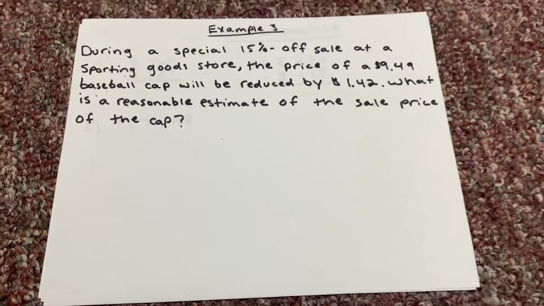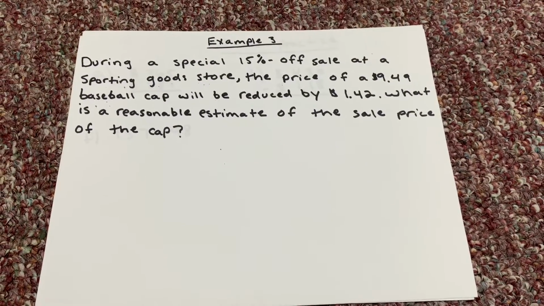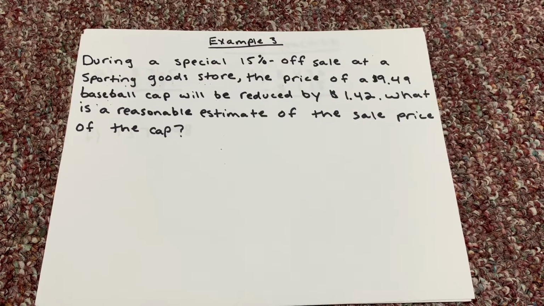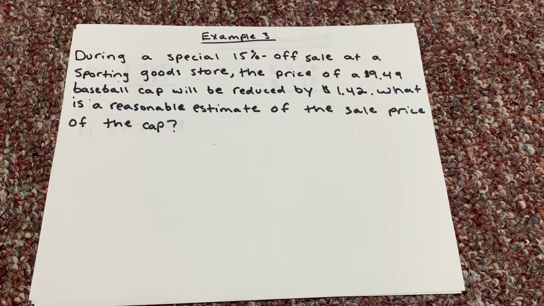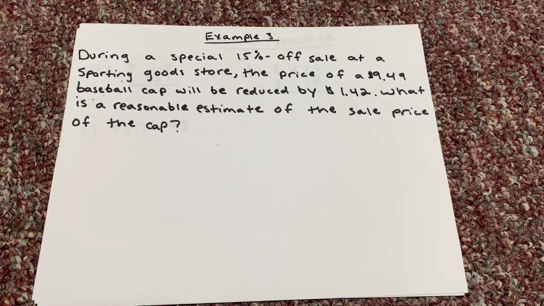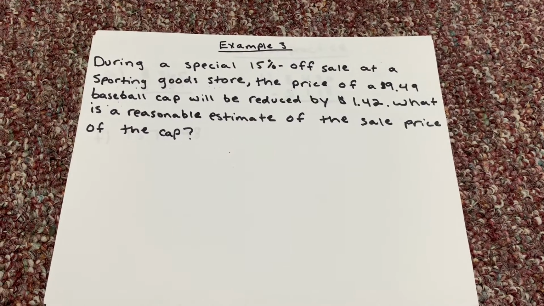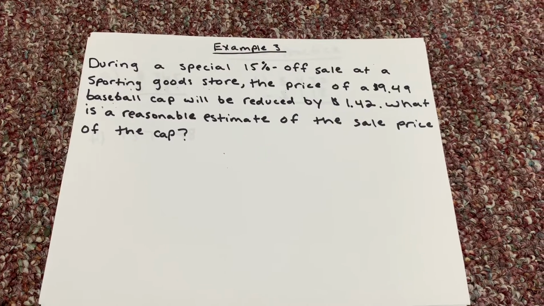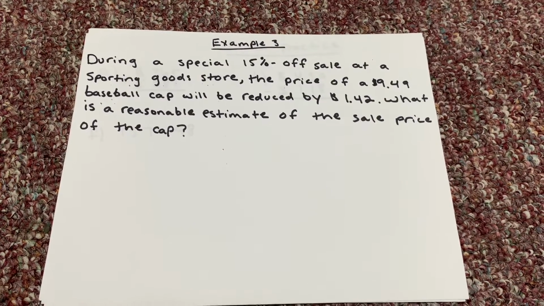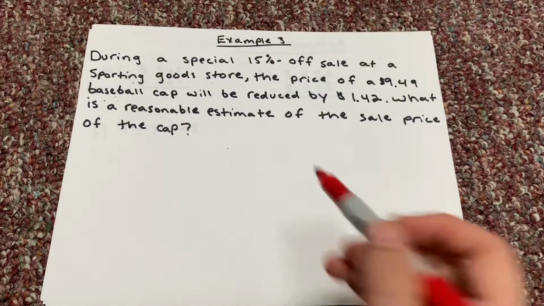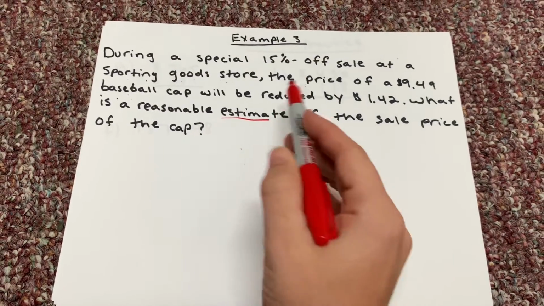Example 3. It says during a special 15% off sale at a sporting goods store, the price of a $9.49 baseball cap will be reduced by $1.42. What is a reasonable estimate of the sale price of the cap? Well, estimate, remember, it's another way of saying kind of rounding.